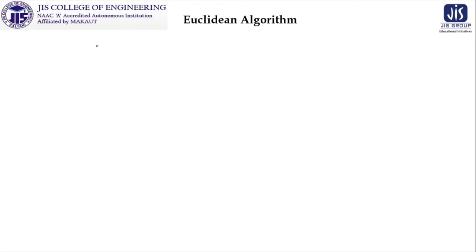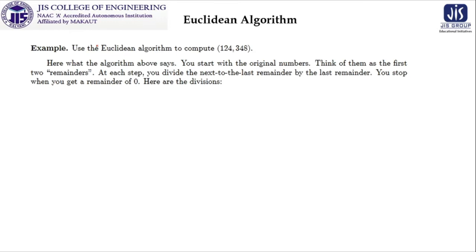Just to revisit the Euclidean algorithm, we go directly to an example: using the Euclidean algorithm, find the GCD of 124 and 348. The algorithm tells us to start with the original numbers. We take the bigger one and divide it by the lesser one, and we get some remainder.